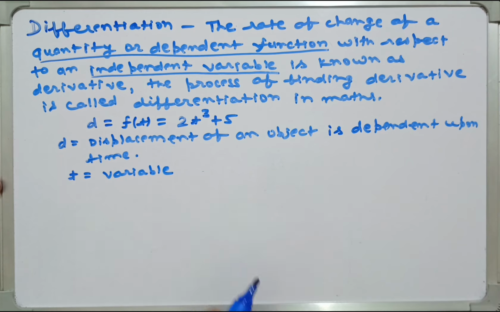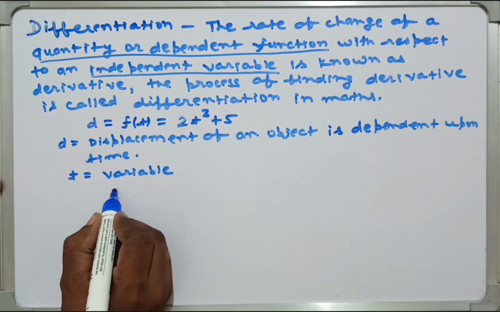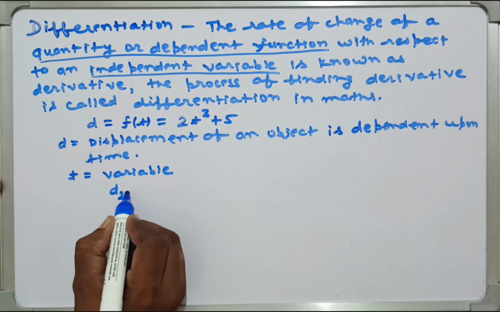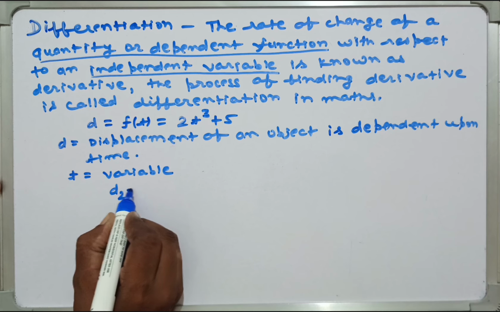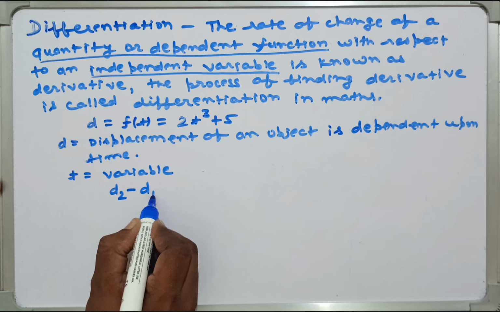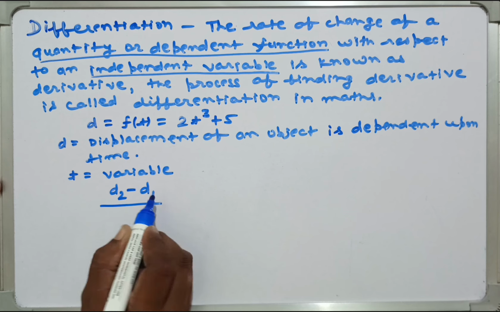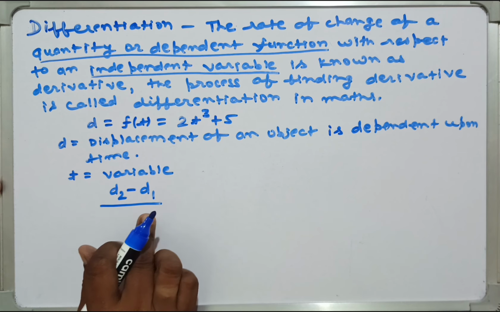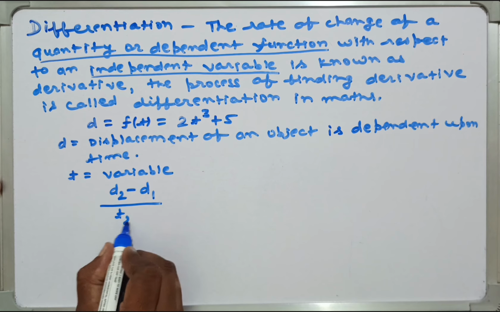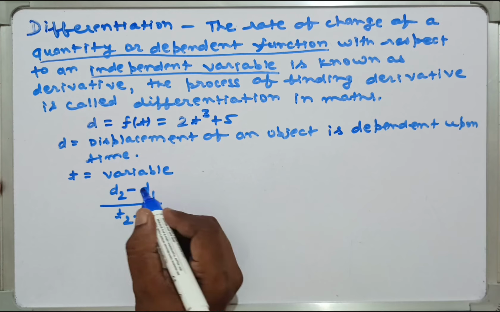In physics, the displacement of a particle is d2, the final position of the particle, minus the initial position of the object, divided by the time lapse in going from d1 to d2.